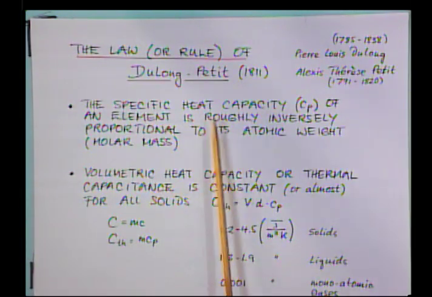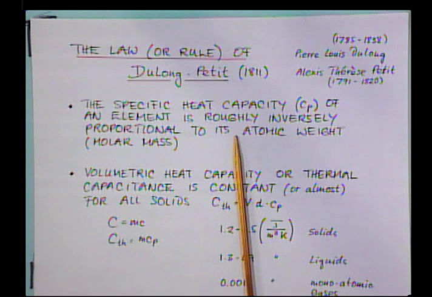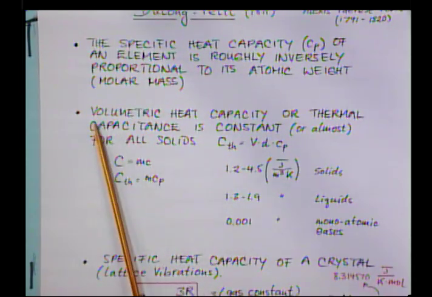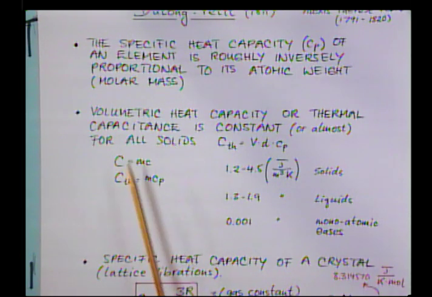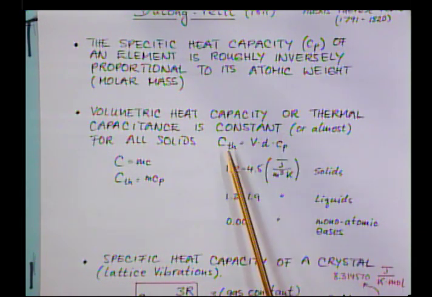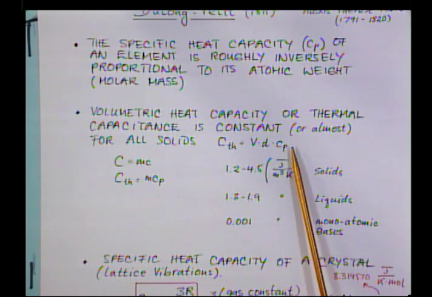So they noticed that the specific heat capacity of a substance is roughly inversely proportional to its atomic weight, and also the volumetric heat capacity, or thermal capacitance, is constant for all solids. The thermal volumetric heat capacity is volume times density times specific heat.